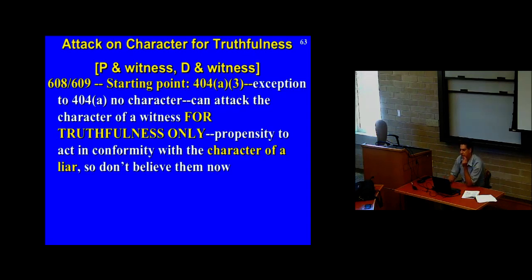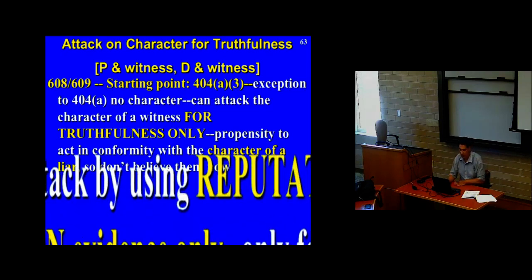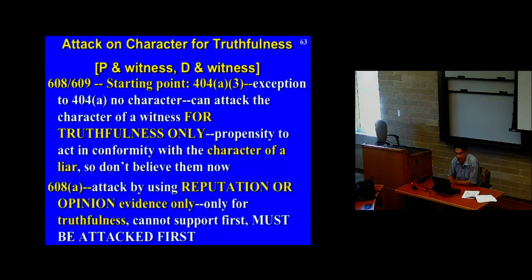So what we're trying to get at is, does the witness have a propensity to act in conformity with the character of a liar? And if they do, then jury, don't believe them because they are probably lying now. Now, that's perfectly fine. Anytime someone takes the stand, you can attack them. You can't bolster their credibility first.